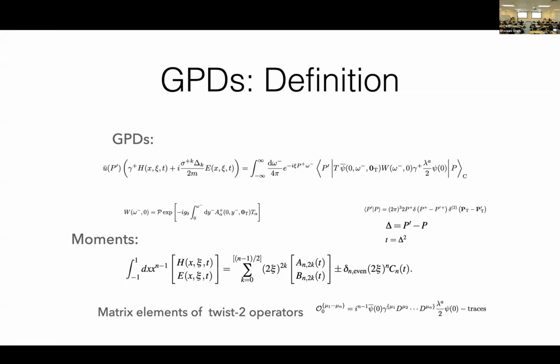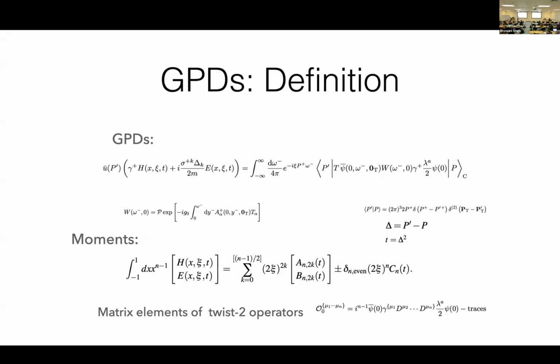So these are the moments, and one can write down an expression for these moments. And there is a very interesting property that the dependence on xi, this longitudinal momentum transfer variable, is polynomial. That's an interesting property of generalized Parton distribution functions.